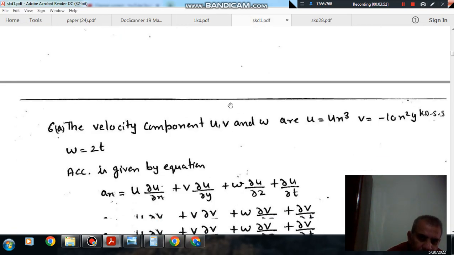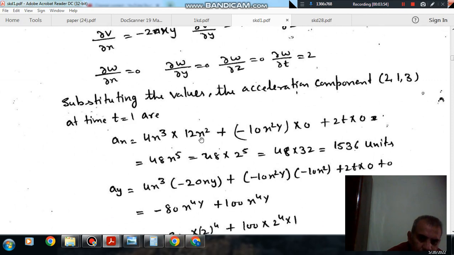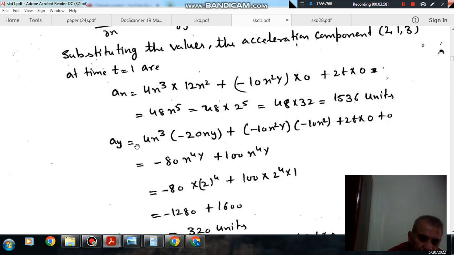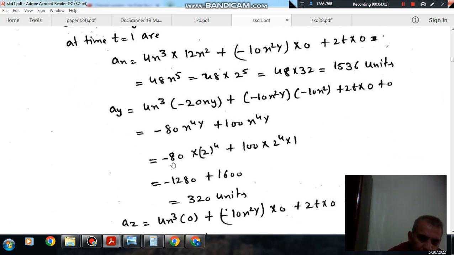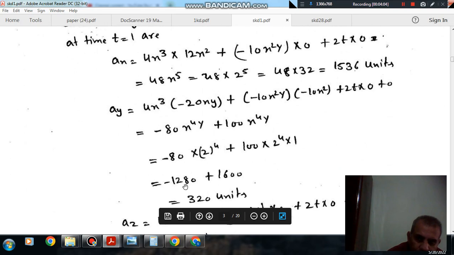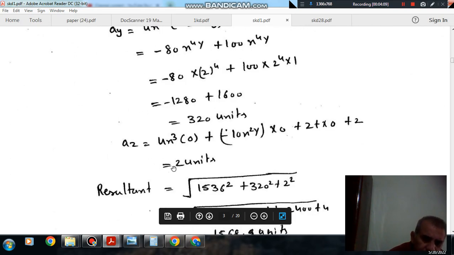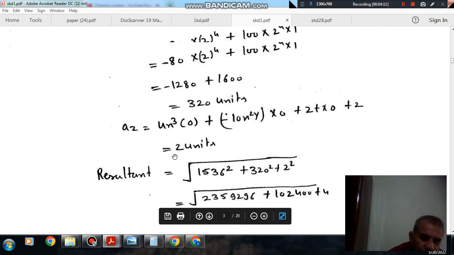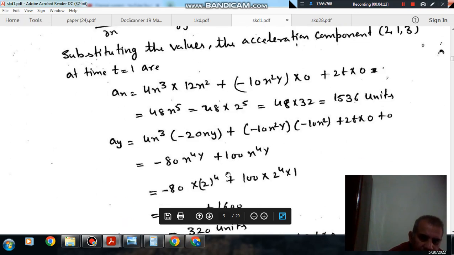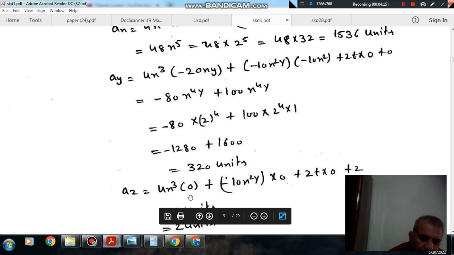So putting x = 2, ax is this, ay is this with y = 1, and az will be this. These are the accelerations in the x, y and z directions.